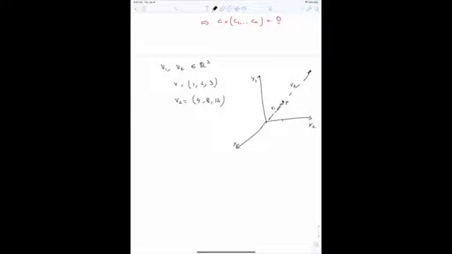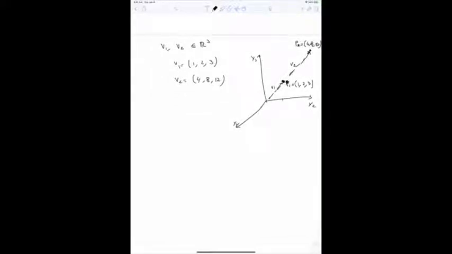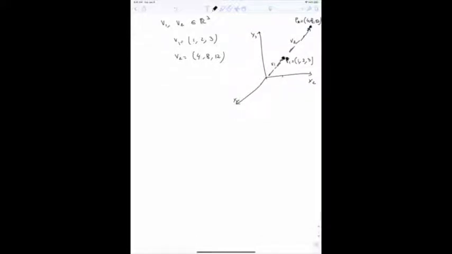This is the point P1 equal (1, 2, 3), and this is the point P2 equal (4, 8, 12). Now, it's obvious that v2 is equal to 4 times v1.